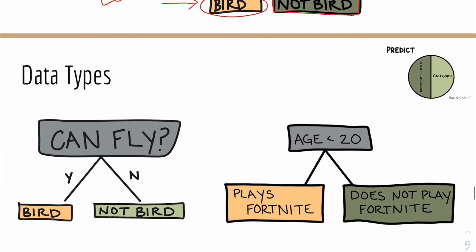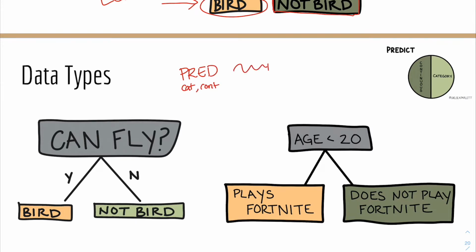So in the decision tree world, you can use both categorical and continuous data in your tree. We'll talk a little bit about how to do that in a second, but I just want to point out for now that our decision tree is taking predictors, and these can be either categorical or continuous.